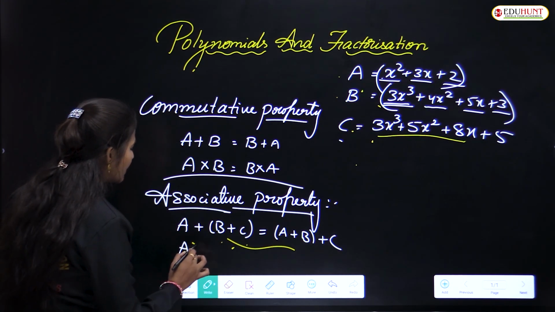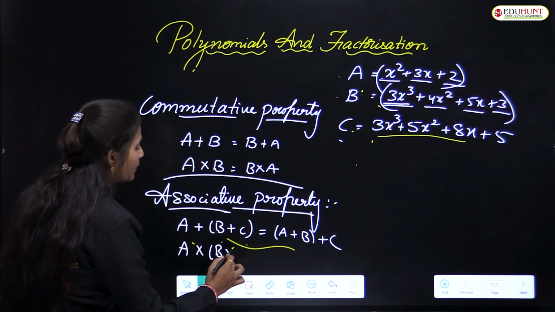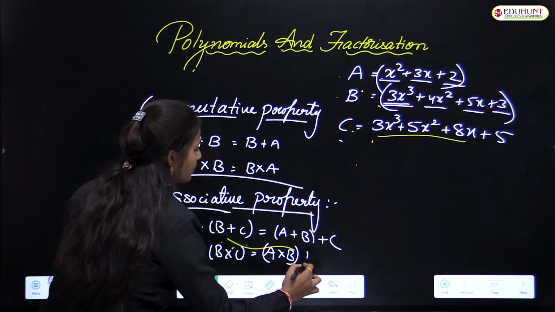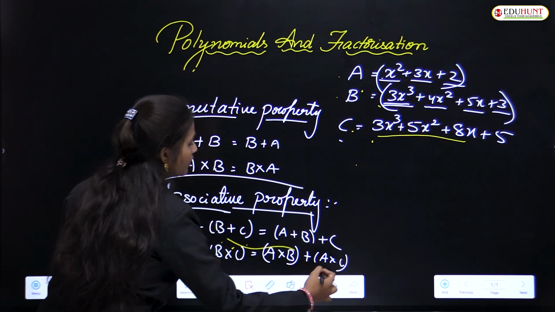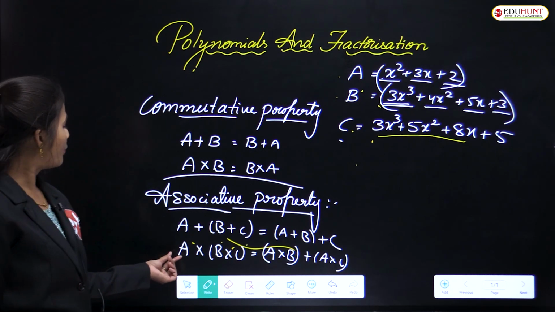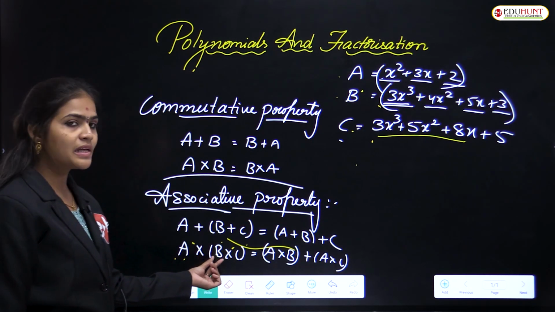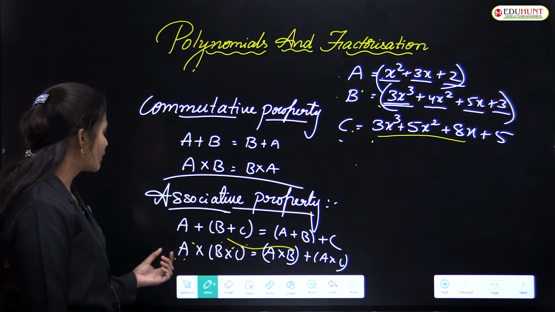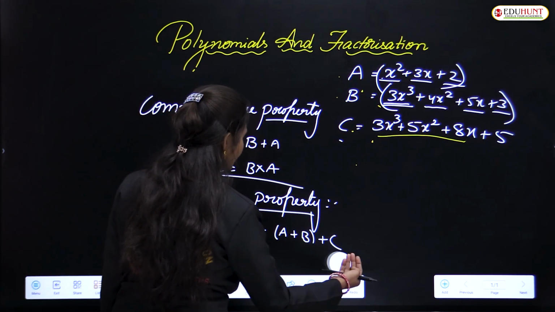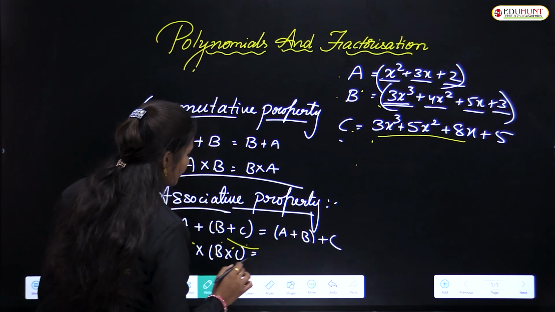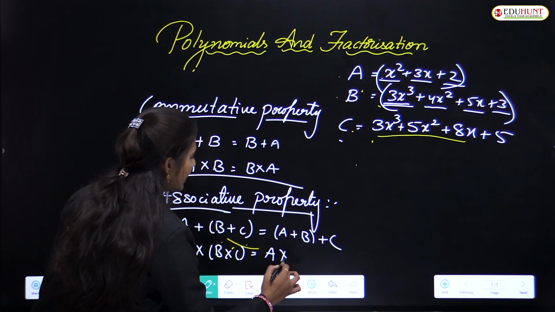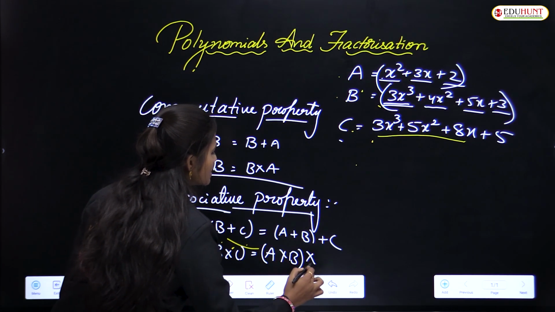As well as multiplication, a into b into c. Sorry, this one we have to group as a into (b into c) is equal to (a into b) into c.